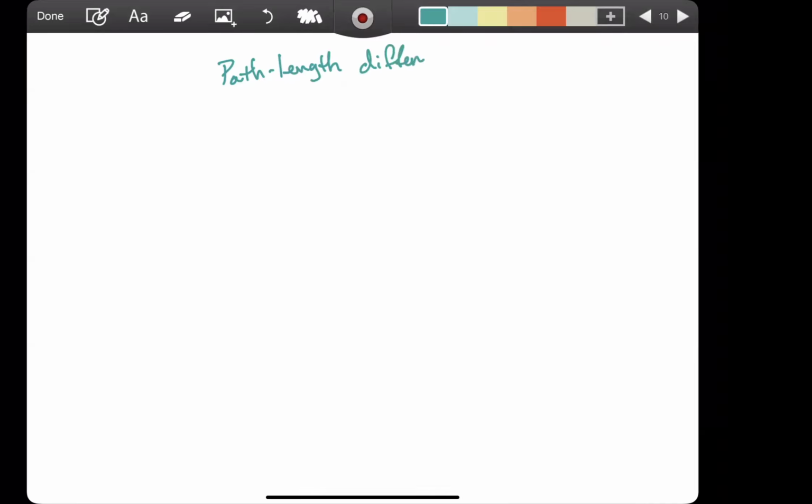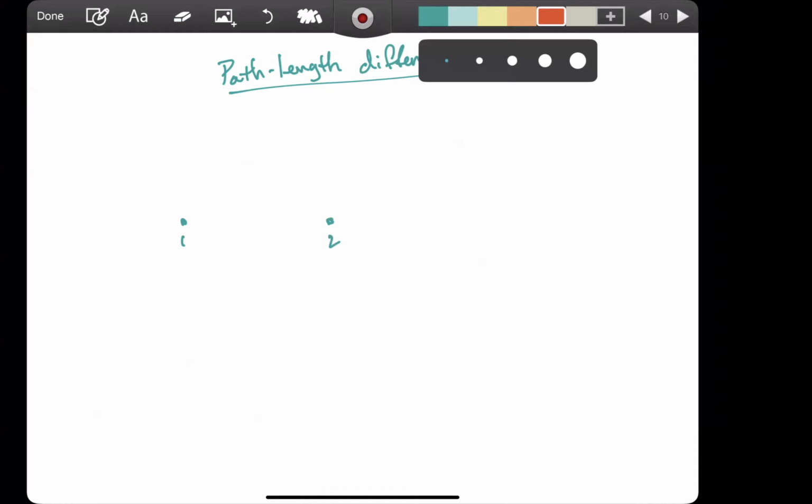So what is path length difference? Path length difference is the difference in the distance that a sound wave travels from each source. Here's source one, here's source two, and here's the point of interest P. This wave is going to travel this distance, let's say R1.